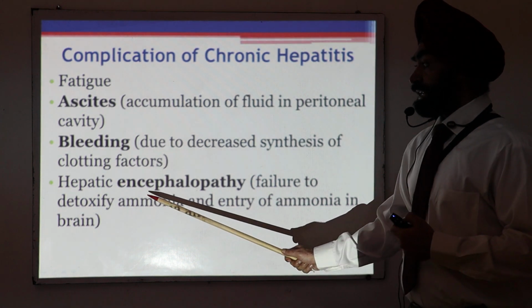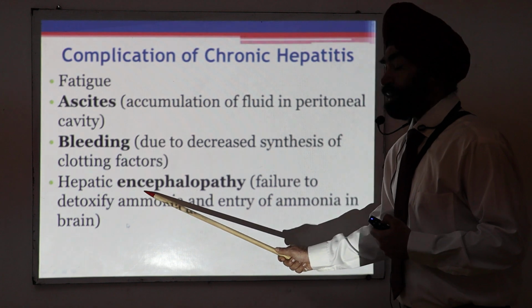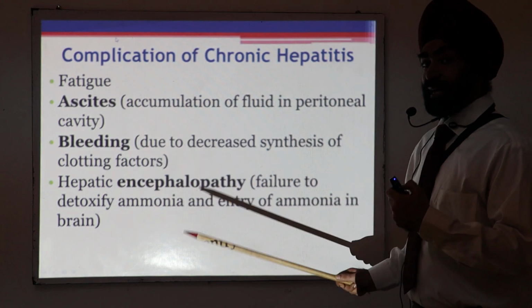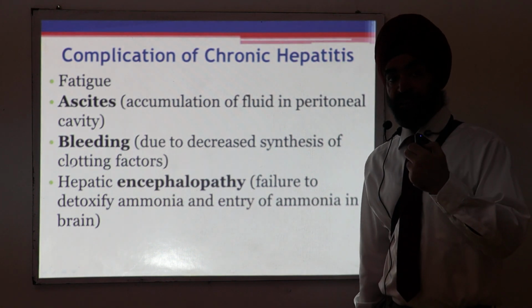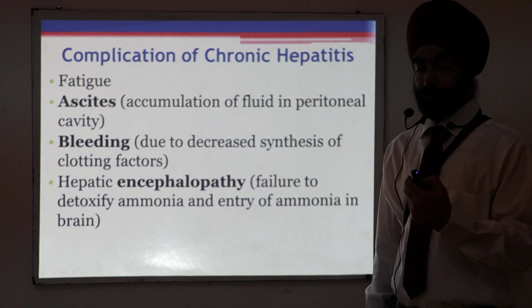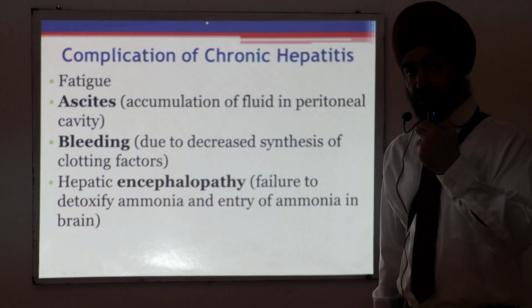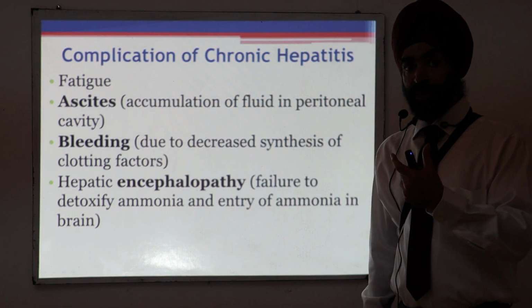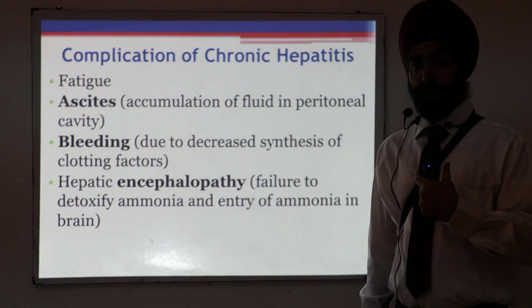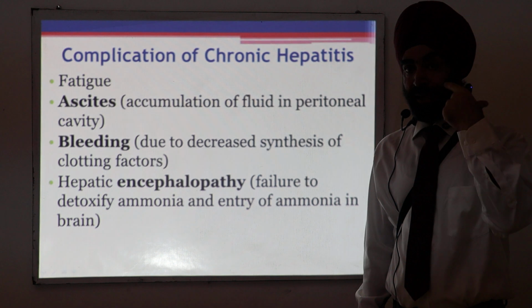Now there is hepatic encephalopathy. Encephalo means brain, pathy means disease. Actually one of the important functions of the liver is to detoxify ammonia to form urea. Now if the liver is not functioning, ammonia will persist in the body and ammonia will move into the brain, and this ammonia will damage the brain.